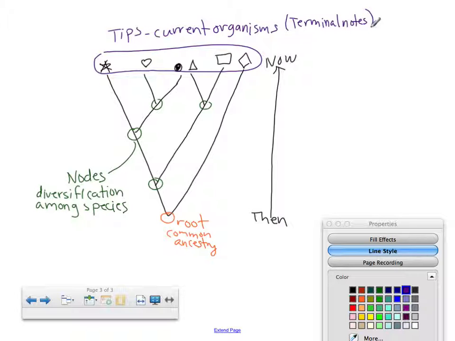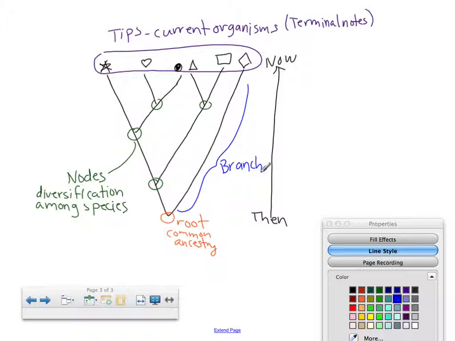These lines, and I'm only going to represent one, this is considered a branch. That's why it's a tree. These are our branches, all of those. And I'm only going to identify one, but every one of those lines are considered branches. And we all know what a branch does.